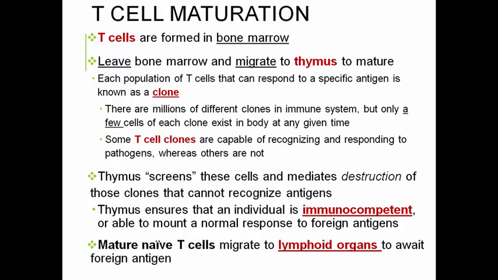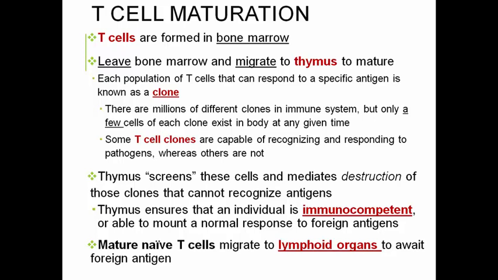So number one, the first part of the test is to make sure that the T cells know what to attack, and then they create clones once they have that specific antigen that they will respond to. The second part of that is that they have to only attack non-self cells. So any cells that are self, you wouldn't want the T cells attacking.